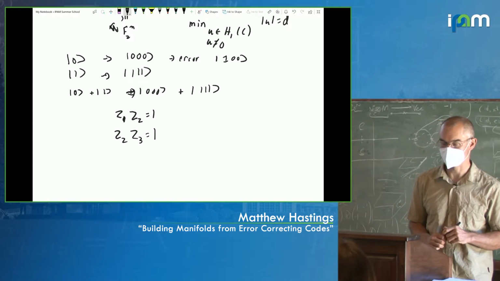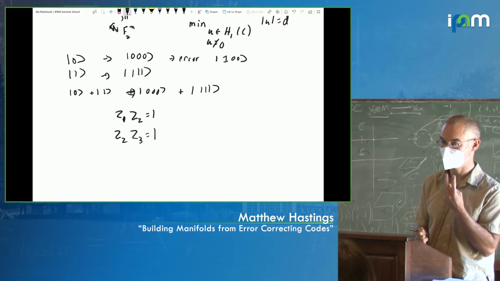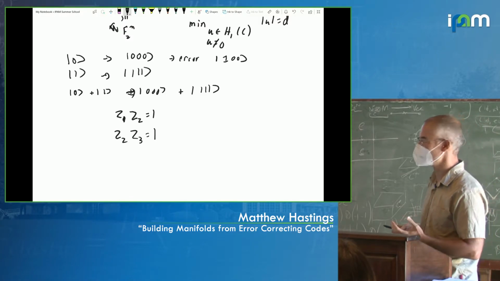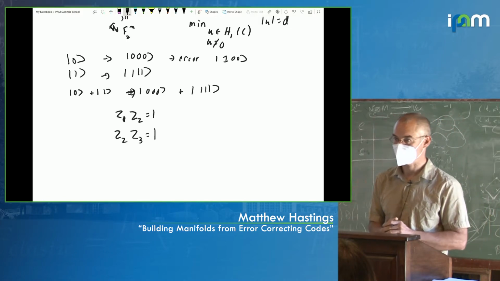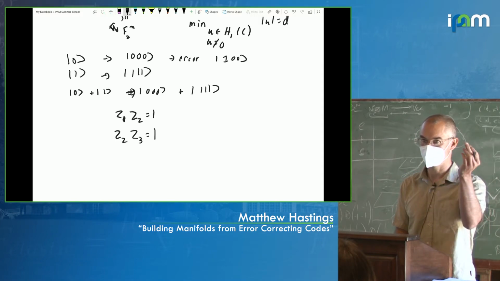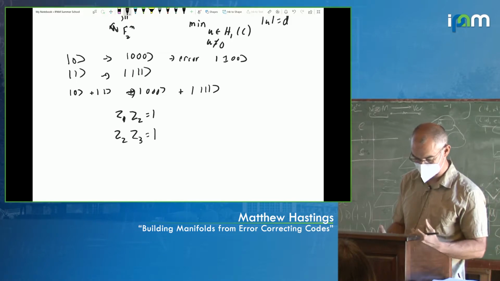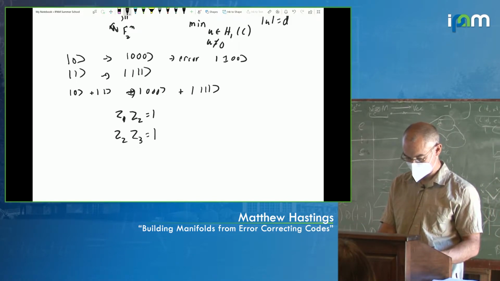This means we look at the space of states where the first 2 qubits have the same Z value, and qubits 2 and 3 have the same Z value. It's a constraint we impose: Z1 Z2 equals 1, and Z2 Z3 equals 1, where Z is just the diagonal matrix with entries 1 and minus 1. That constrains you to this subspace. And so we thought, well, let us repeat this thing.